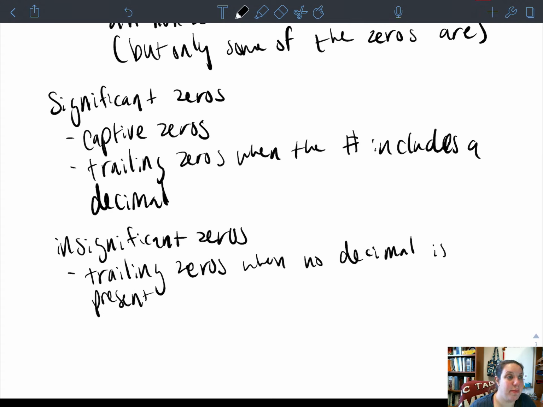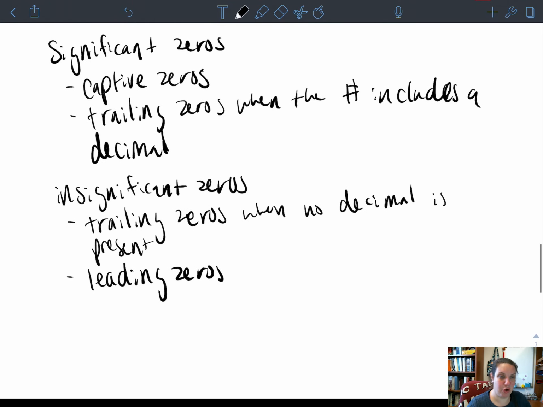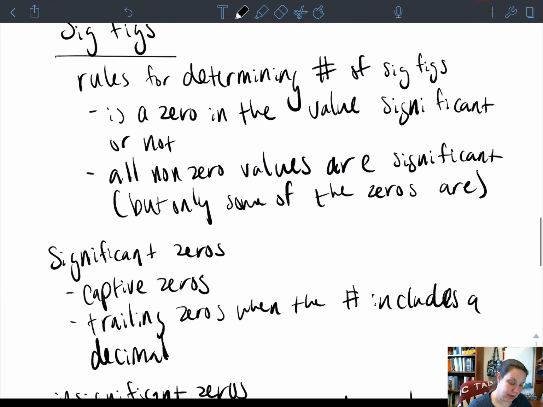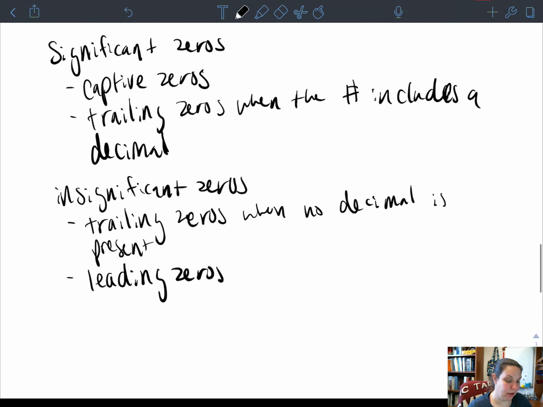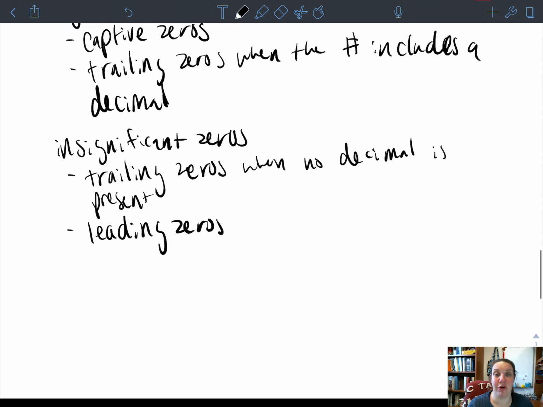And then our other type of zero is going to be the zeros that are at the beginning of a number. We call these leading zeros. So leading zeros are always insignificant. Okay, like I said, we'll go more in detail about those, but all non-zero digits are significant, while zeros are significant if they're captive or trailing when we have a decimal, insignificant if they're trailing with no decimal or they're leading zeros.